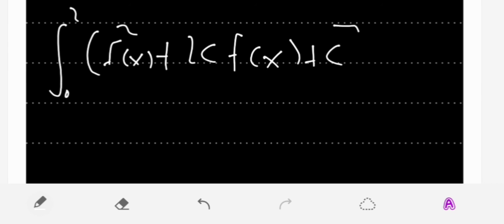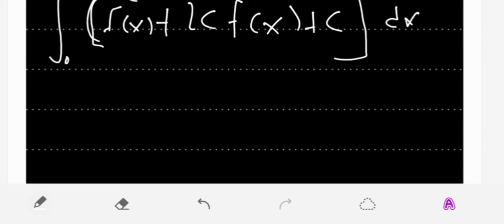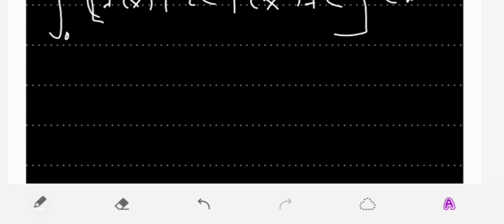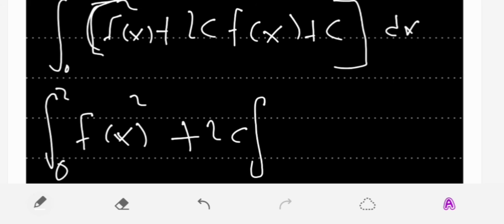And all this is multiplied by dx. I'm sorry for whispering. So from 0 to 2, f of x squared plus 2c, from 0 to 2, f of x.